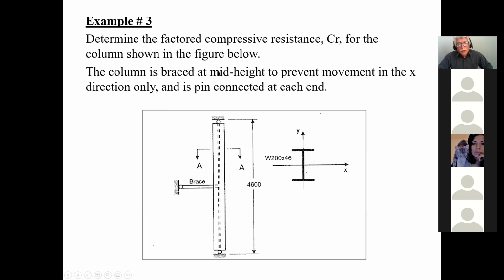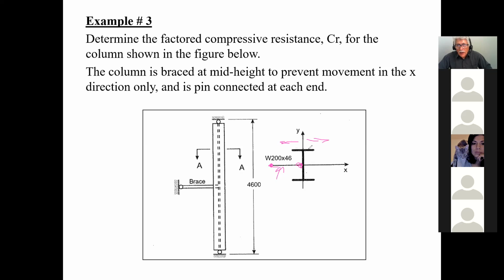The column is braced at mid-height to prevent movements along the X direction only. So guys, this is something I want you to visualize: right now, I'm putting a brace here. The brace is holding the column there. So what's happening is that the y-axis is prevented from moving. What I'm bracing is the y-axis, not the x-axis.